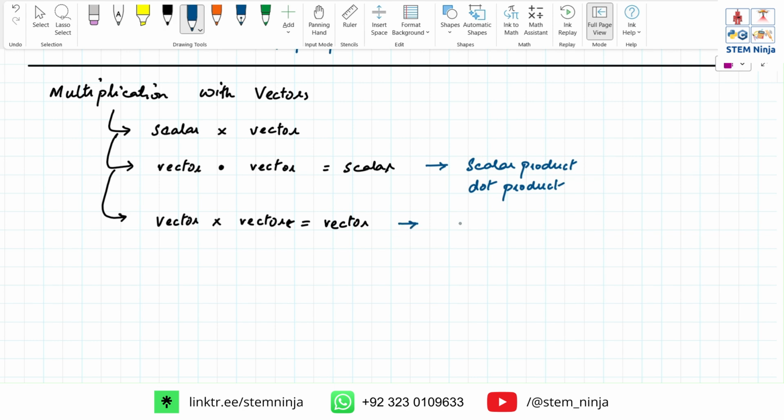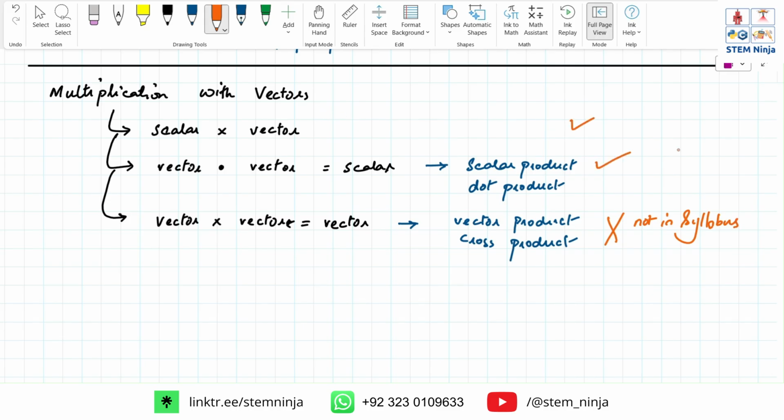That's why it's called a vector product or a cross product. This one is not in our syllabus, so we don't have to worry about this. But these ones are.